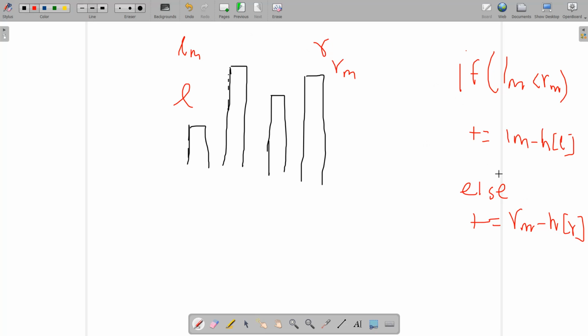In this case, we are going to increment L, and in this case, we are going to decrement R. Now why does this happen and why are we going to follow this condition? This is important to understand right now. You can see that in this case, left max has height strictly less than the right max.